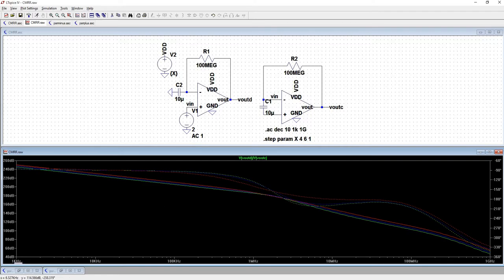Before we were looking at like a negative value, which actually isn't a negative value, it's just a decimal. But up to 1 megahertz, we're looking at over 200 dB. So the common mode rejection ratio is extremely high, which is what we want. This actually has very, very good common mode rejection ratio.